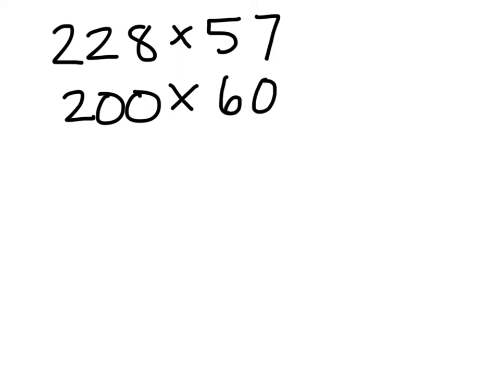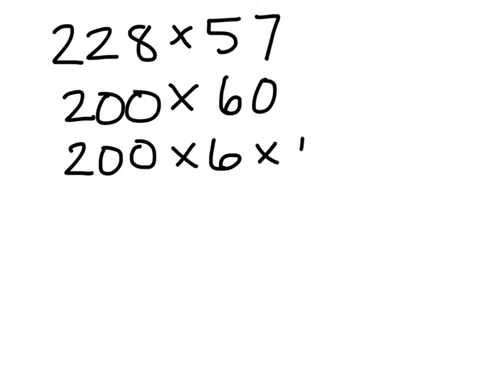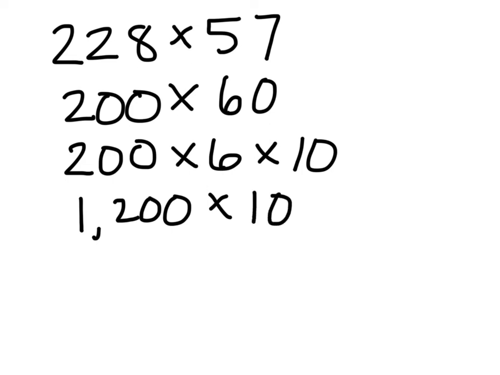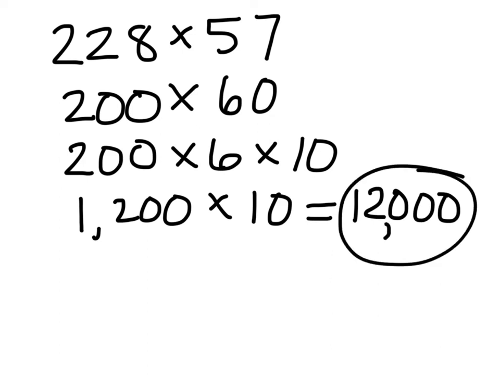So I'm going to think of this problem as 200 times 6 tens. 200 times 6 is 1,200, and I know that because if I ignore the zeros and take 2 times 6, I get an answer of 12. Then I simply put them back on the end so that I don't forget about them. So we have 1,200 times 10. Our rule of 10 tells us to put that 0 on the end of our original number, giving us an answer of 12,000.